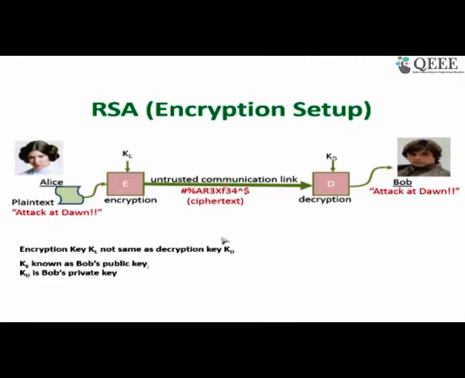Bob would create something known as a key pair comprising two keys, KE and KD. KE is known as the encryption key, also called the public key, and KD is called the decryption key or the private key.